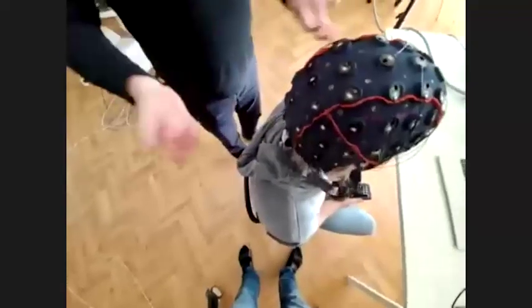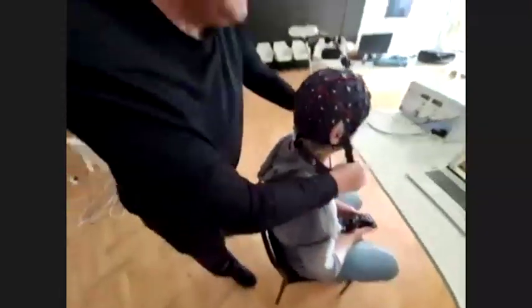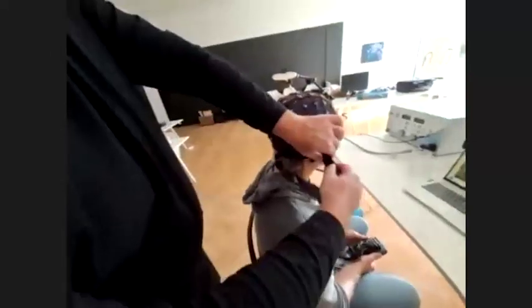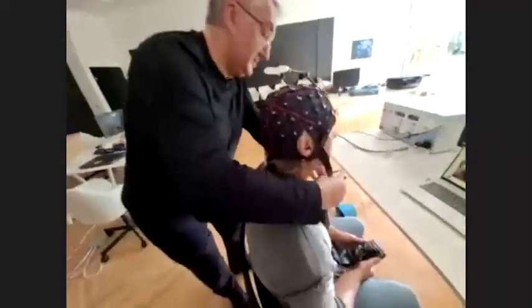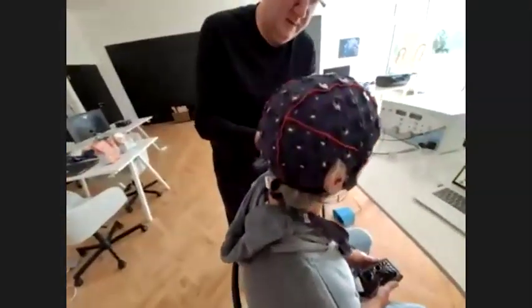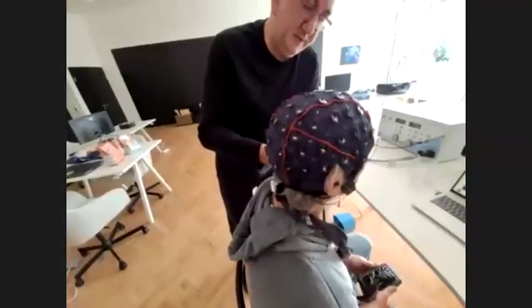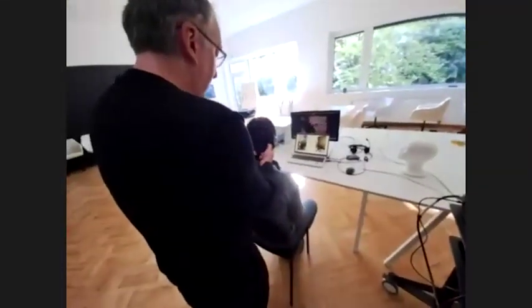The inion is this bone at the back. So if it is at the position you're happy with, we will strap the subject. You can also measure it, but as you have seen, Christoph is frequently the subject, so I have the target in my memory.